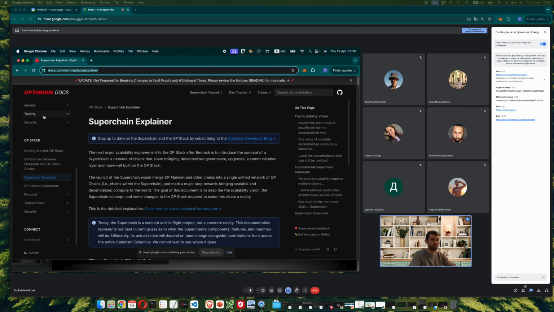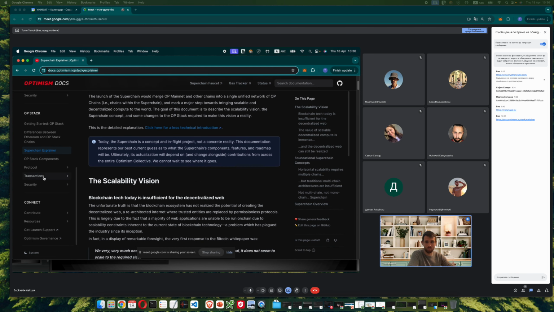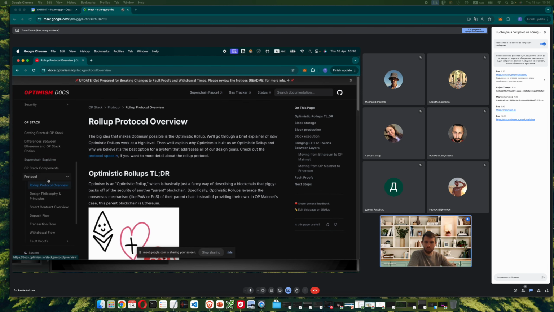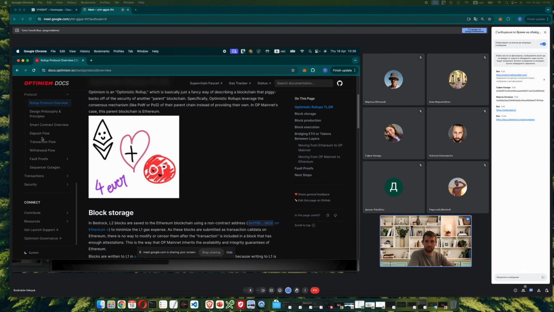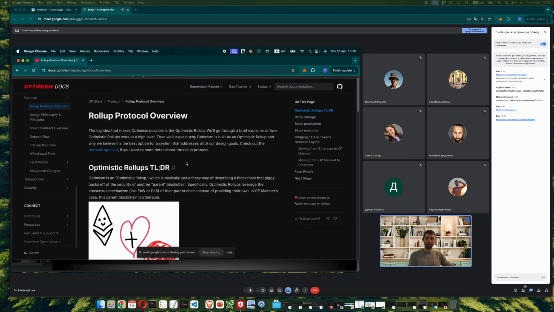Most of it is gathered from here, but of course I've tried to simplify it and take only the most important points and make it more understandable, even though it's still hard. But yeah, you can go to the protocol section and basically check all the things that I mentioned about deposit, transaction, withdrawal, fault proofs, and so on.